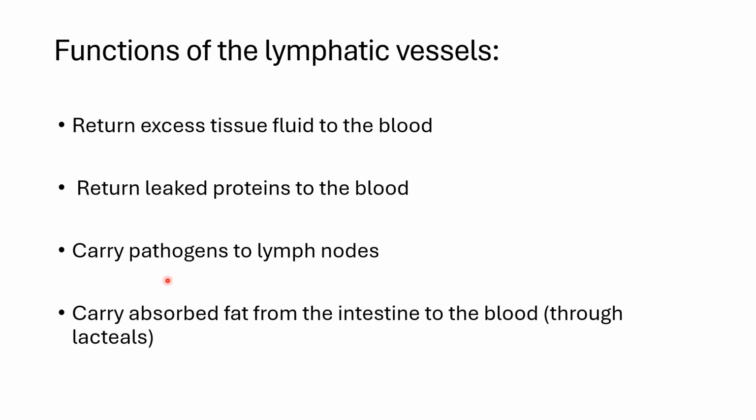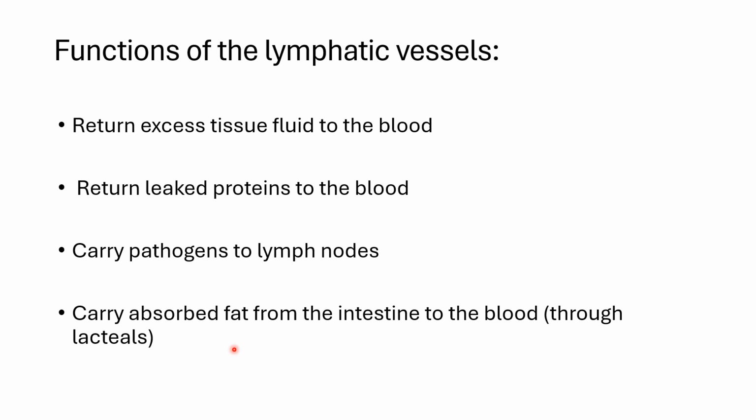And then these lymphatic vessels carry the pathogens to the lymph nodes, and then the lymph nodes present them to the T cells and the B cells, so an immune response can be started and that pathogen can be removed from the body. And then the last but not the least function is that they carry absorbed fat from the intestine to the blood through lacteals. Our fat is absorbed in a form that is a big molecule.